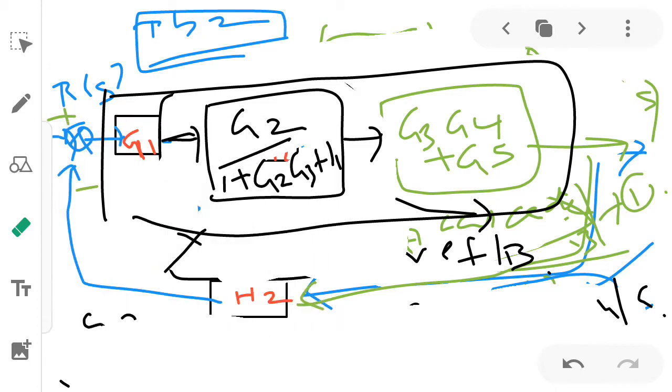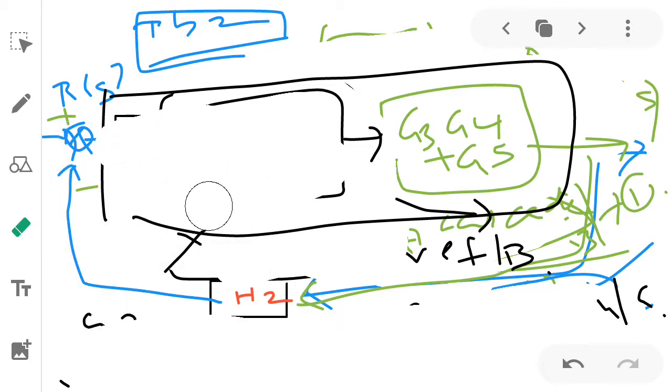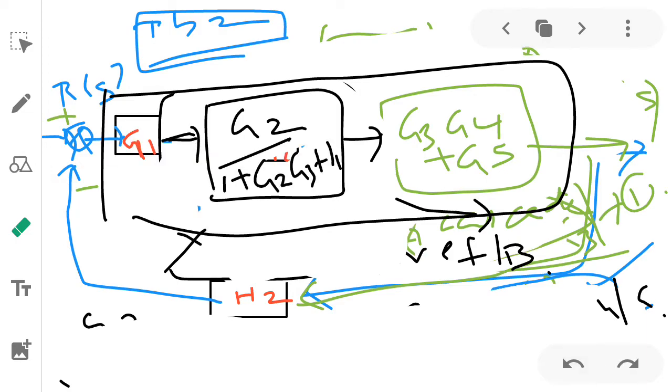Here you will get G1 G2. Let me write the formula one more time: G2 G3 divided by H1.